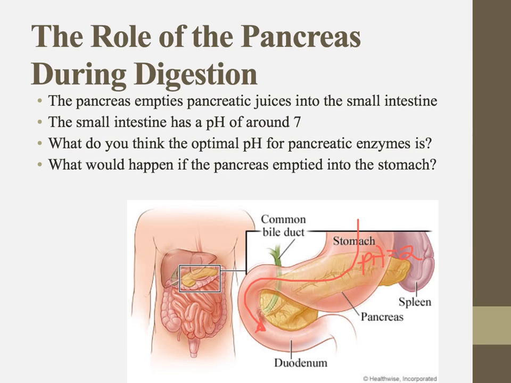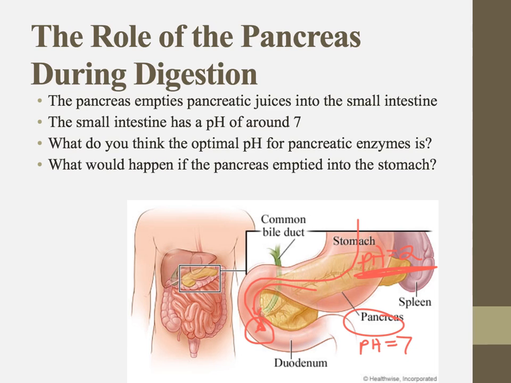That's pretty daggone acidic. The enzymes that come from the pancreas need an optimal pH of around 7. So if the pancreas squirts its enzymes into the area where they've just come from the stomach, we're going to have a problem. This low pH is going to denature all of my awesome pancreatic enzymes.